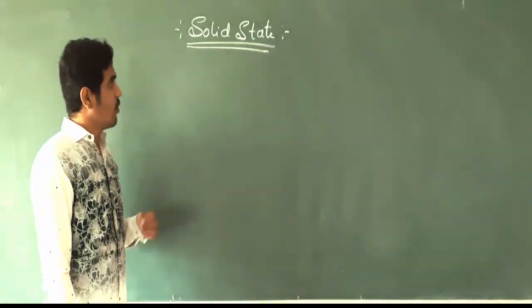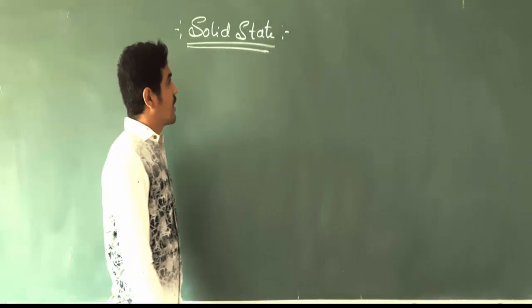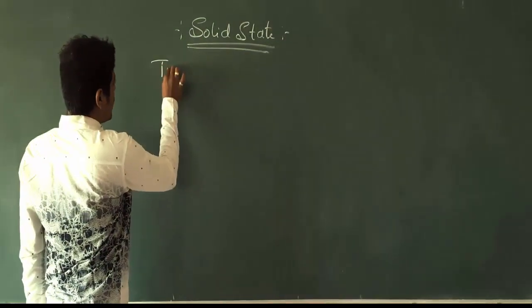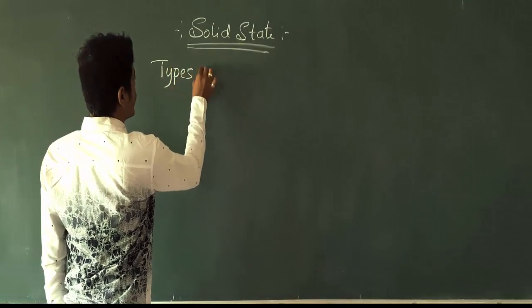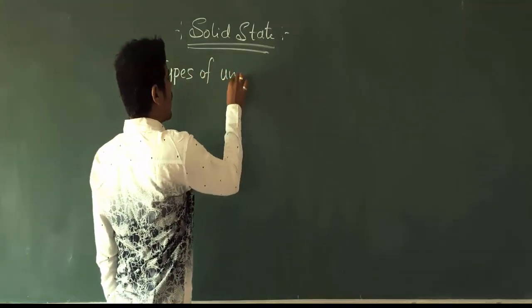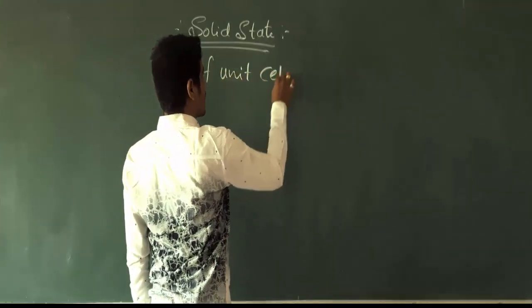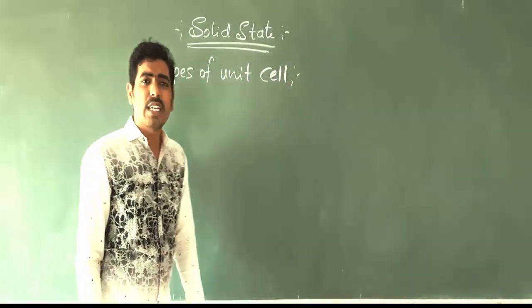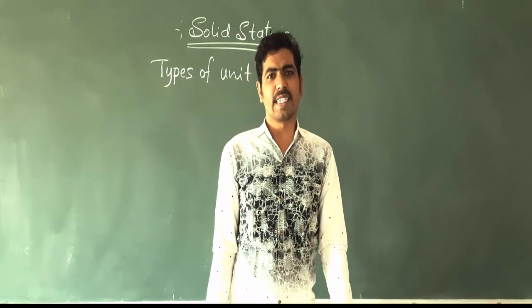So now we will move to the types of unit cell. What are the different types of unit cell that we can find in the crystal lattice? There are totally 2 types of unit cell.